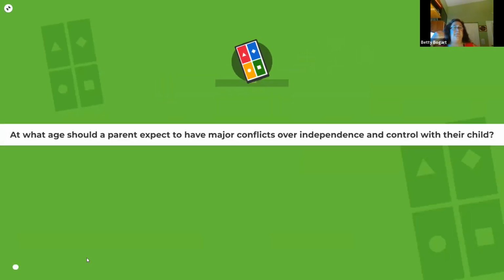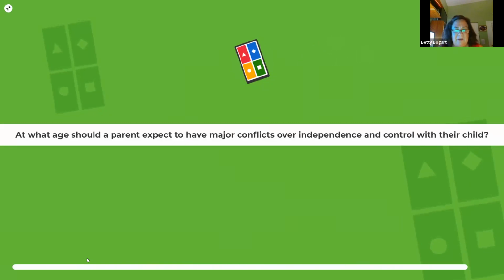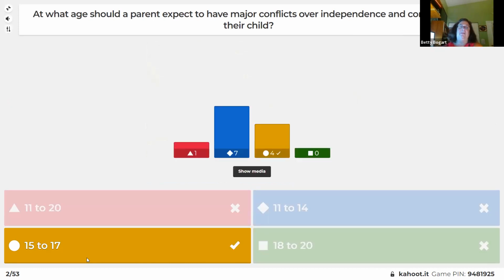At what age should a parent expect to have major conflicts over independence and control with their child? When did I say those major things happen? They're not this young, they're not that old, and this is ages 15 to 17.